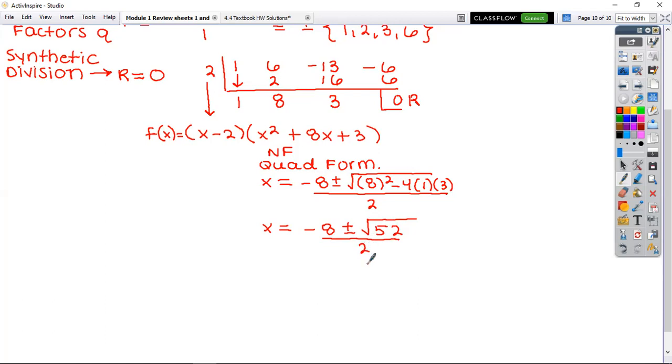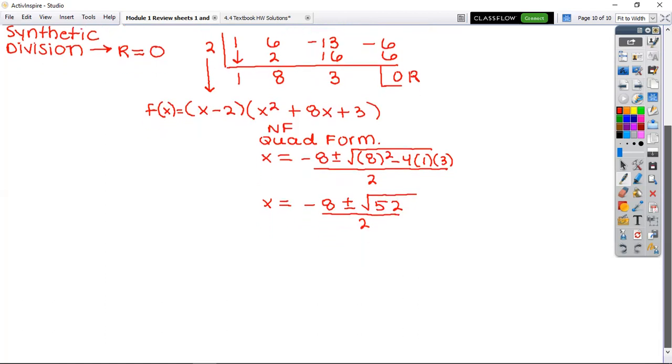So this particular instance, we do not have imaginary roots, but we are going to have irrational roots. So we break the 52 down as far as we can, and then we're done. So what is the largest perfect square that 52 is divisible by? 4. Good. 4 and 13, divided by 2. So now I'm going to finish this, and we're going to list all of our roots.